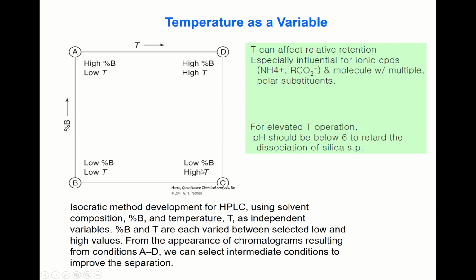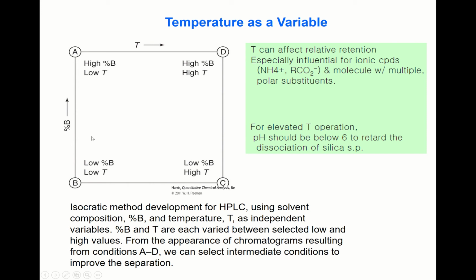Here you have to choose isocratic method development for HPLC using solvent composition percent B and temperature T as independent variables. So you can treat these two variables as independent variables. Percent B and T are each varied between selected low and high values.